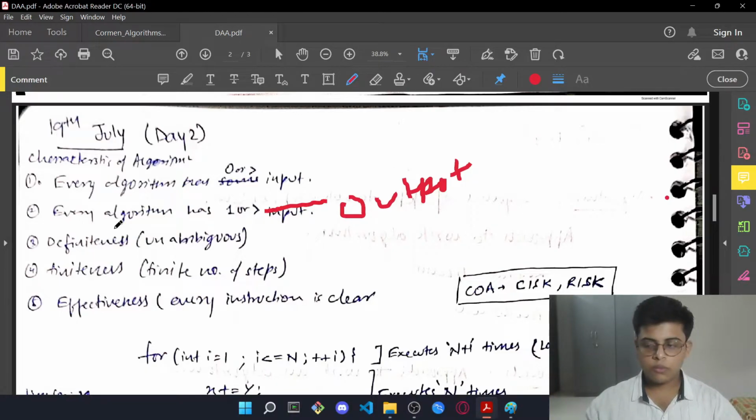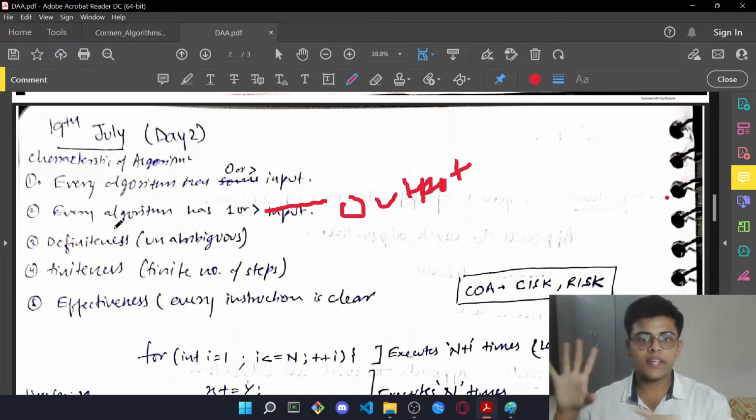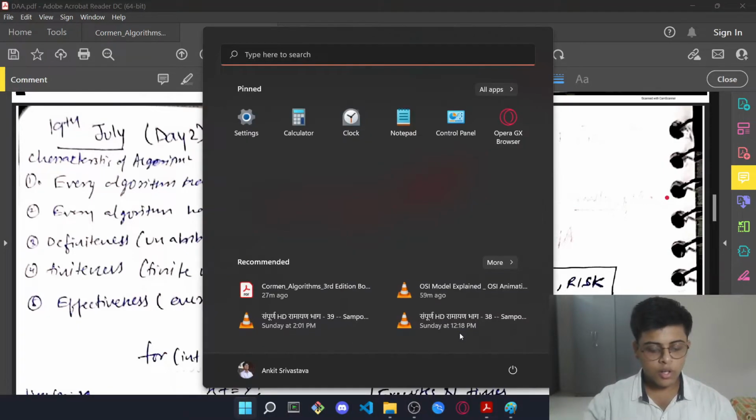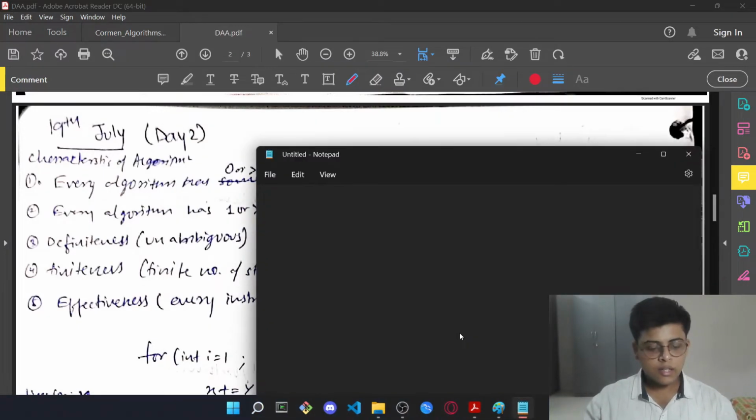What does this mean? Unambiguity, you must be familiar with back in object-oriented programming sessions, but let's just revise it. Let's say I tell the computer, add 6 or 7 to x. This is what I write: add 6 or 7 to x.